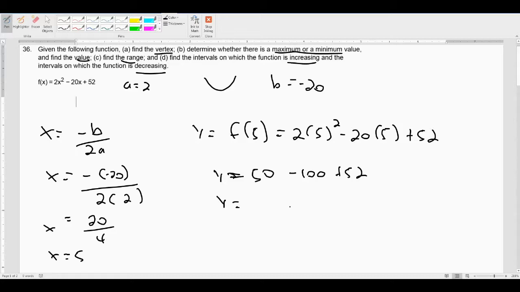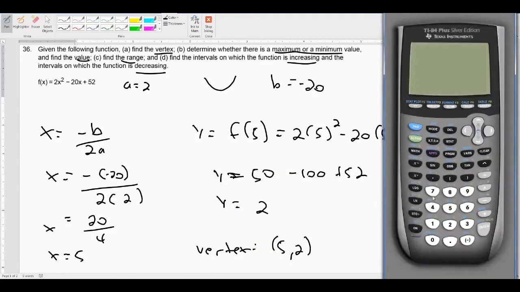Negative 50 plus 52 is 2, so the vertex should be 5, 2. Never hurts to check with the calculator. I like to type it all in at once, even though I could type all this in a plain screen. I like to look at the graph also. It just confirms everything that we've already suspected.